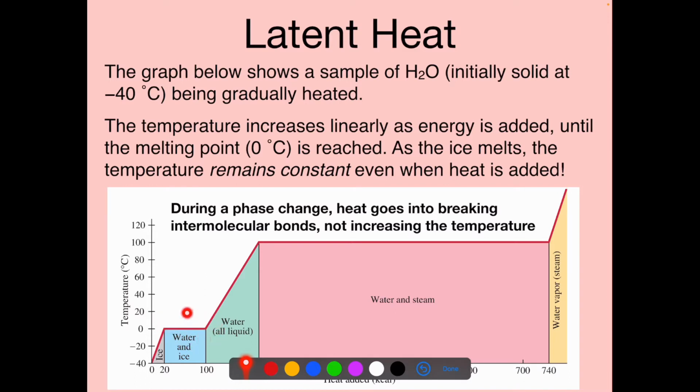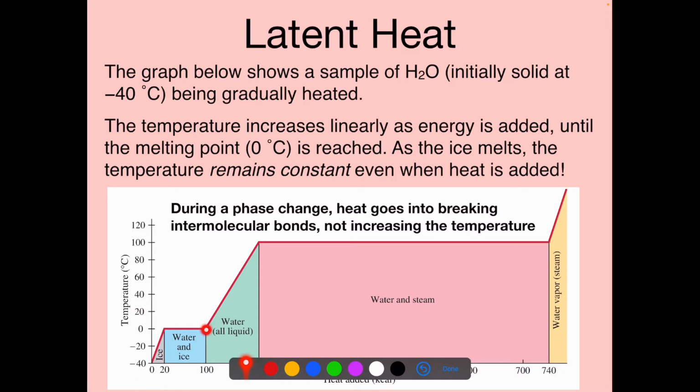What's happening as we add more heat is that the ice is now melting. It's undergoing a phase change, turning from solid to liquid. The more heat we add, the more ice we melt, until we have completely melted all of the ice, and now it's all liquid water at 0 degrees Celsius right here.